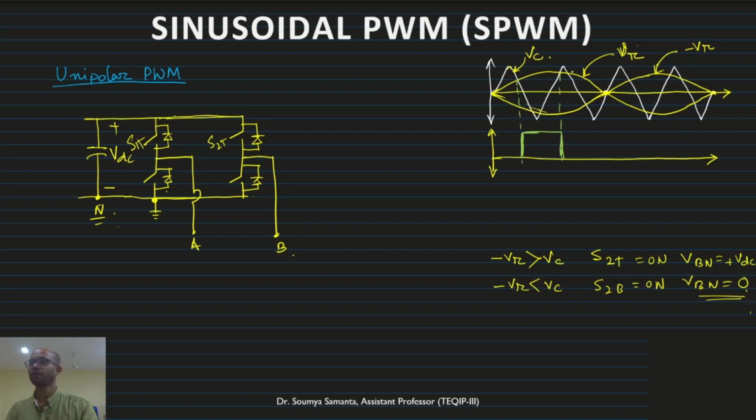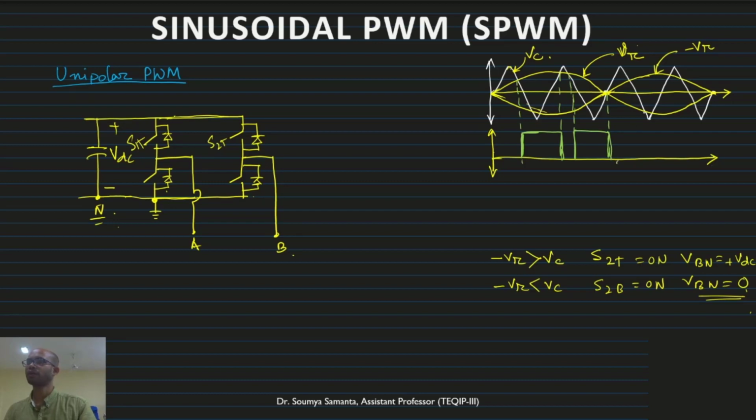Next, after this point, suppose at this point this one is 0. Sorry, VR is greater than VC, so it is 1.